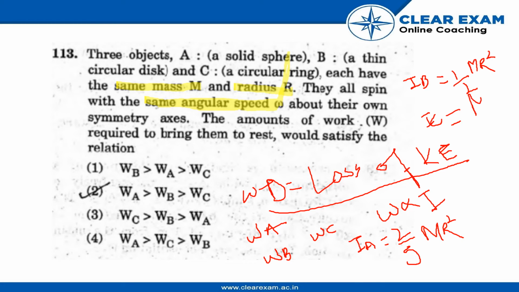So now we can see that IC is greater than IB, then IB is greater than IA.